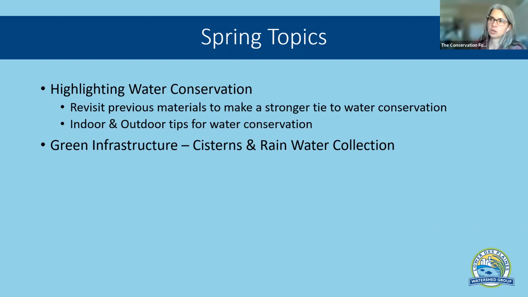To follow along with the water conservation topic, we're looking at cisterns and rainwater collection systems, not so much for the homeowner, but for some of the more commercial or business type sites. So I have information on green infrastructure there.